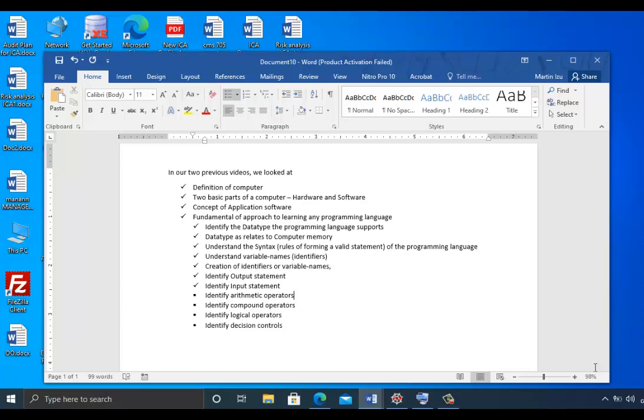Then the floating point data type handles numbers that have decimal parts, that is 6.09, 5.09, 3.2, 2.5. These are examples of the floating point data type which the programming language will be able to handle.